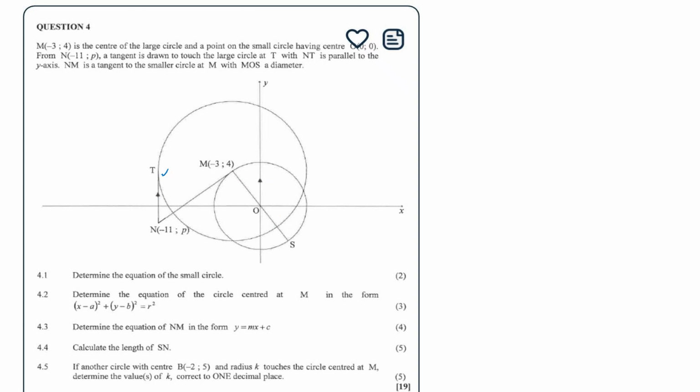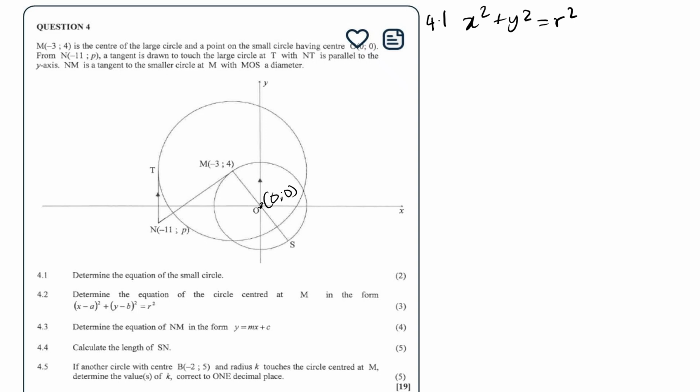Now 4.1: determine the equation of the small circle. The center of the small circle is (0, 0). Therefore, the equation of the circle is x squared plus y squared equals r squared.